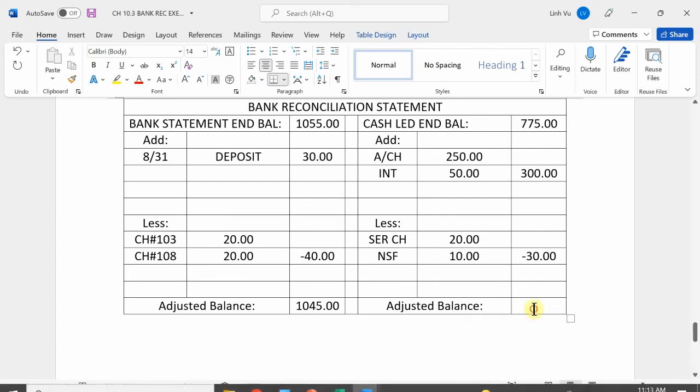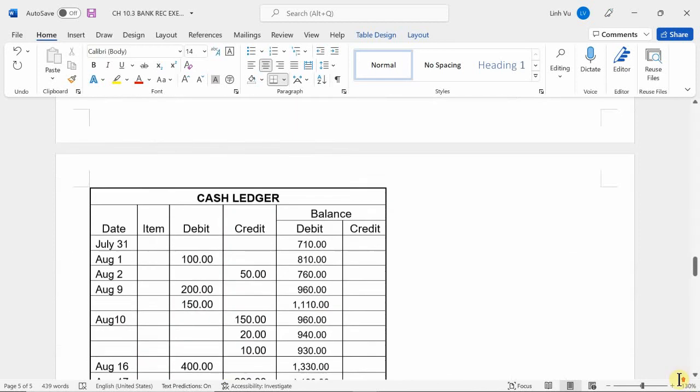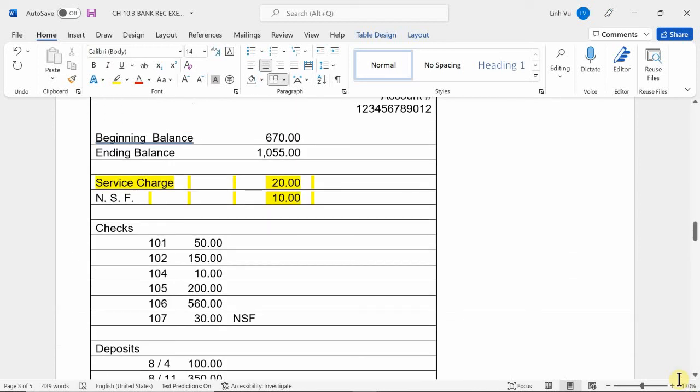You get 1,045. So we match on both sides. That means we did our bank reconciliation correctly. Good so far? Any questions?